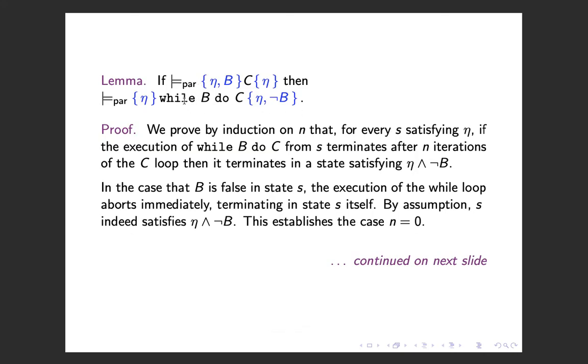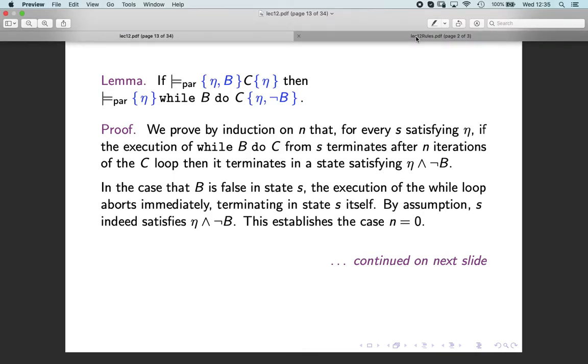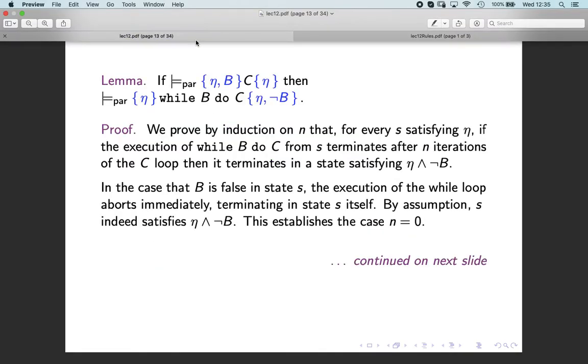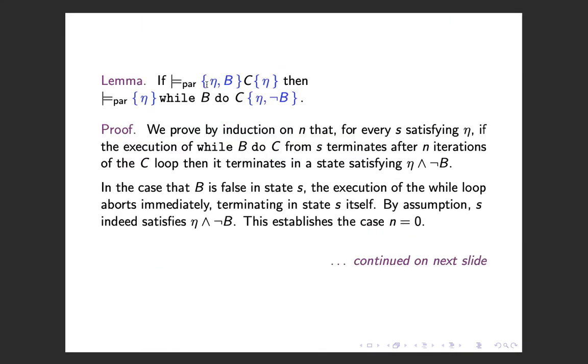So if we look at the partial while rule, go back. Okay, this is the Tableau version. Never mind. The Tableau version is equivalent to the other version that's directly in the form of Hoare triples.